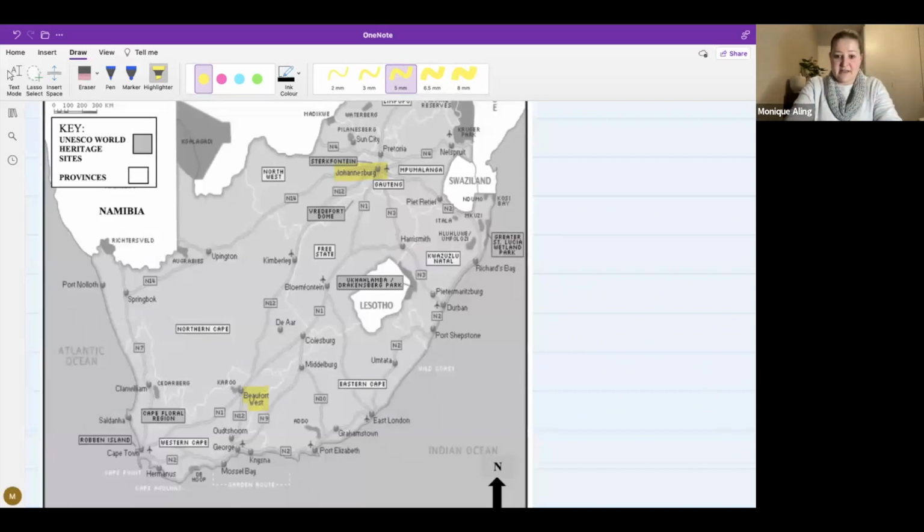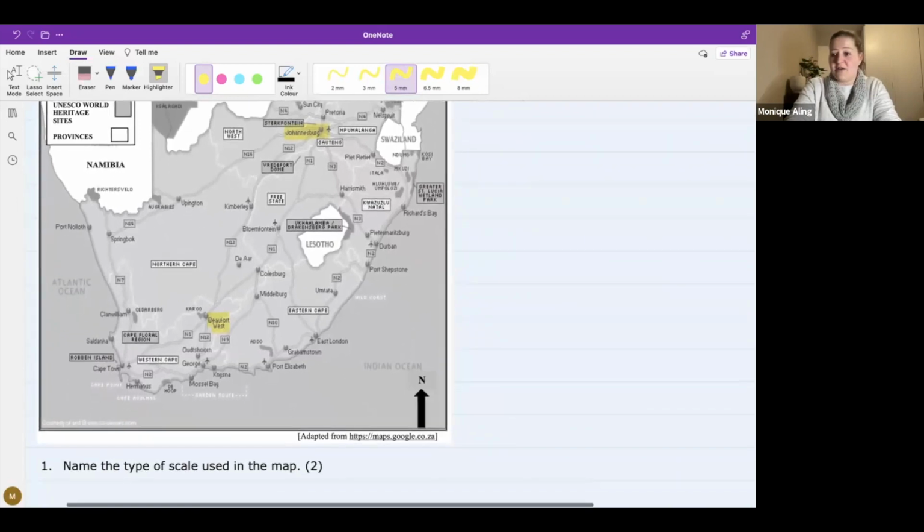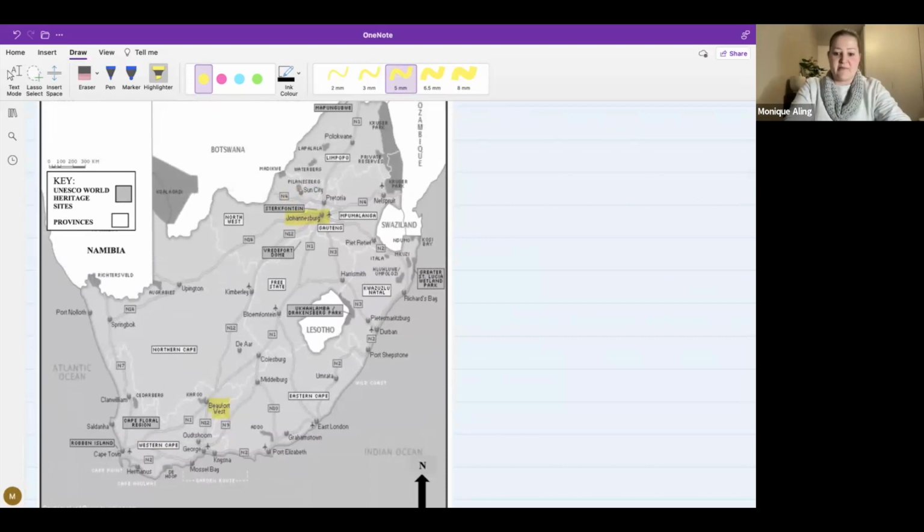All right, so now let's look at the questions. Oh, look at this. Isn't this quite a popular question? Name the type of scale used in the map. So let's look for the scale, and please let me know what kind of scale you see on this map.